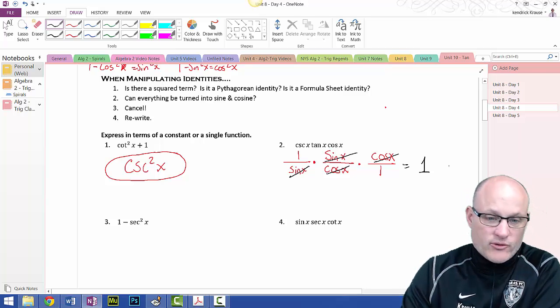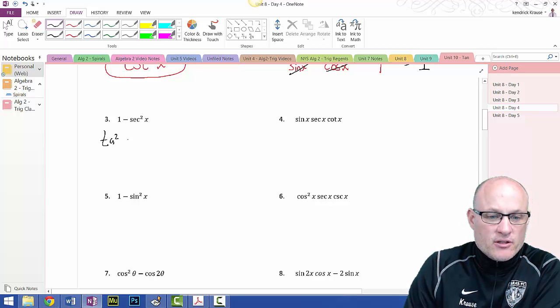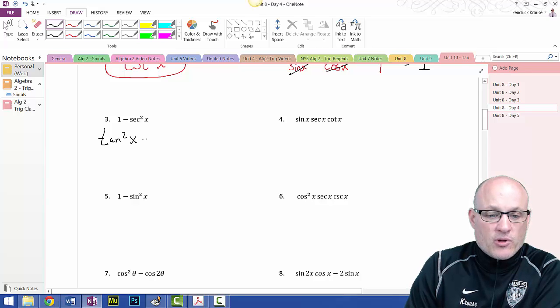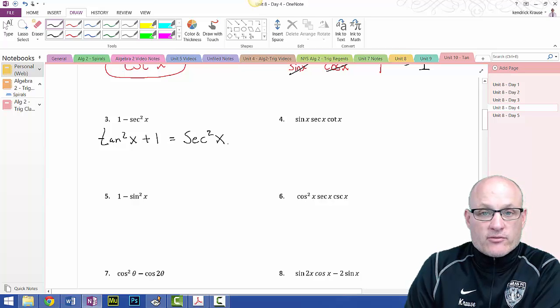Next one I was going to do was 3. Now, you know that tangent squared x plus 1 is equal to secant squared x? So what we want to try to do is make this.